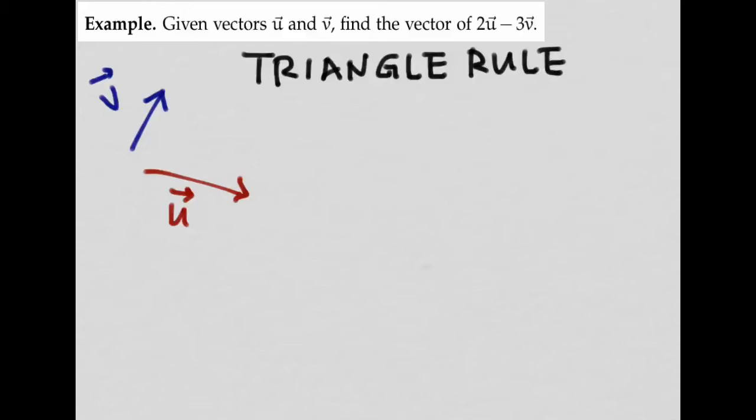So let's start by drawing the vector 2u. Same direction as u, twice the magnitude. Here's the vector 2u.